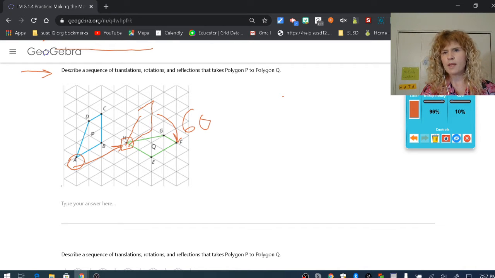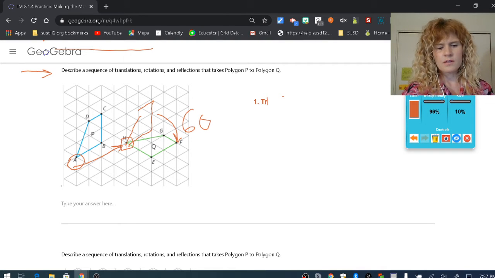So I'll type in my answer. First, translate point A to point H. Then 60-degree rotation clockwise.